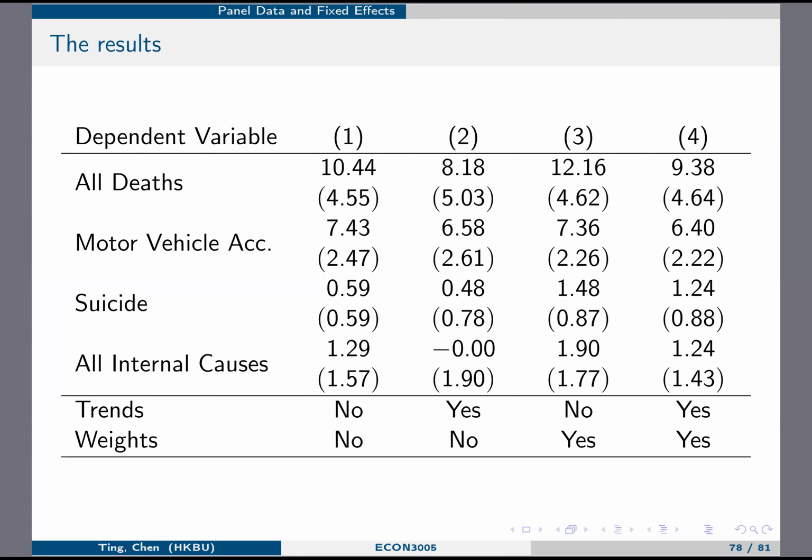Because the policy shock of lowering the legal drinking age should only affect the death rate for motor vehicle accidents, but not suicides or the other internal causes, right? So this is how we do it.